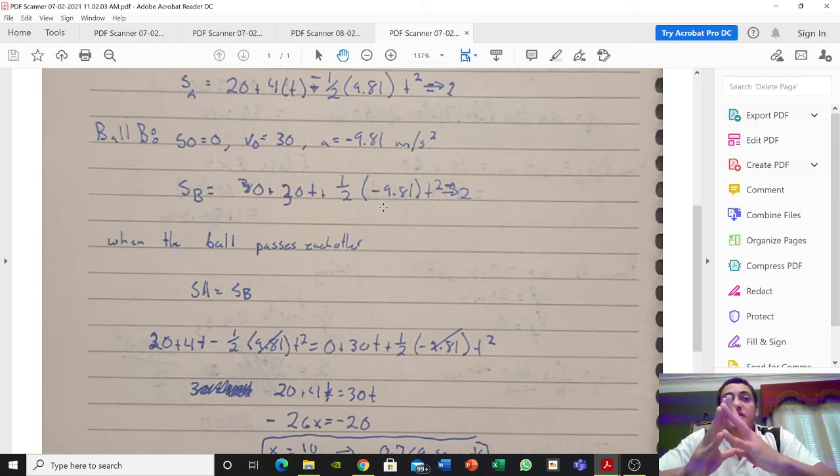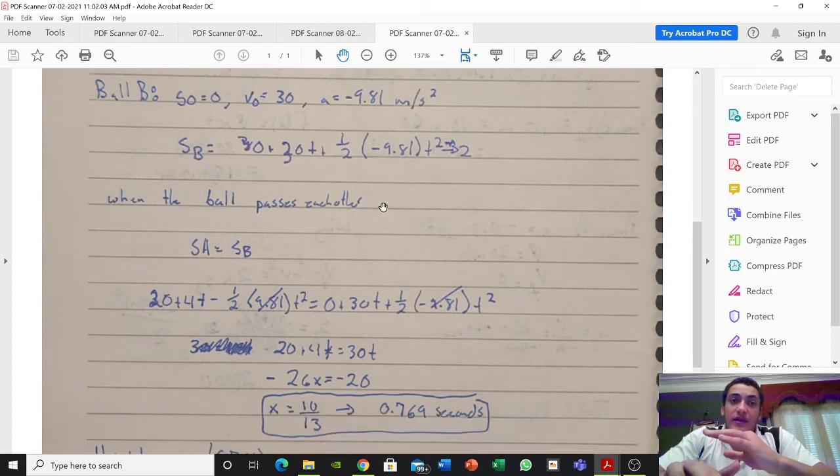When the balls pass each other is found by putting SA and SB together, equating them, removing common terms and solving the equation. So it's going to be 20 plus 4t minus half multiplied by 9.81 t squared equals 0 plus 30t plus half multiplied by negative 9.81 t squared.